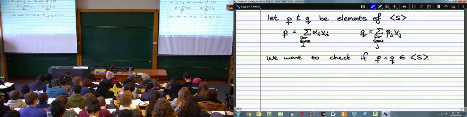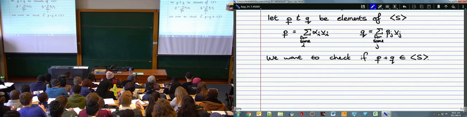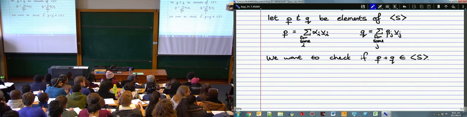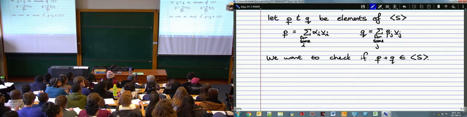Okay, so does anyone have any thoughts about why this might be true? Any suggestions for what we do? Yeah? If you are only summing linear combinations, then the sum of them would be another linear combination. Exactly, right.